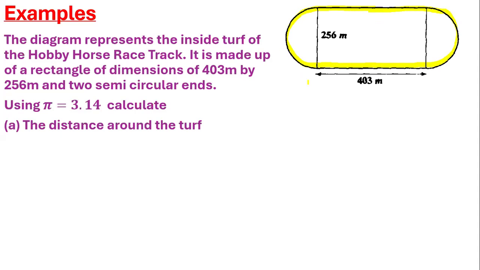How would we get the distance around the turf though? Isn't it area? Tavana, the distance around the turf. By finding the circumference and then adding 403 and then adding the next 403.